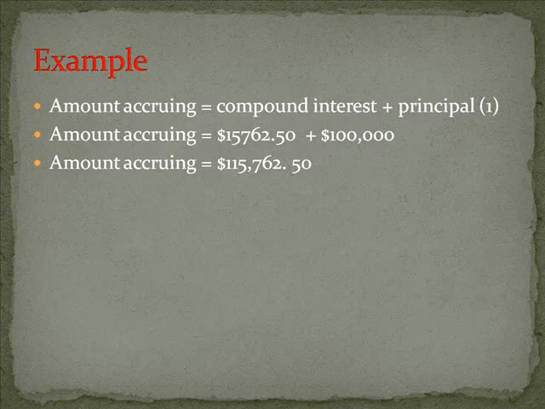When you add these two figures, $15,762.50 plus $100,000, you'll get $115,762.50. And that amount will be the amount accruing. Now you might be wondering, what if you had an investment over 4 years? Then you have to continue the steps to find the interest for the 4th year, and so on.